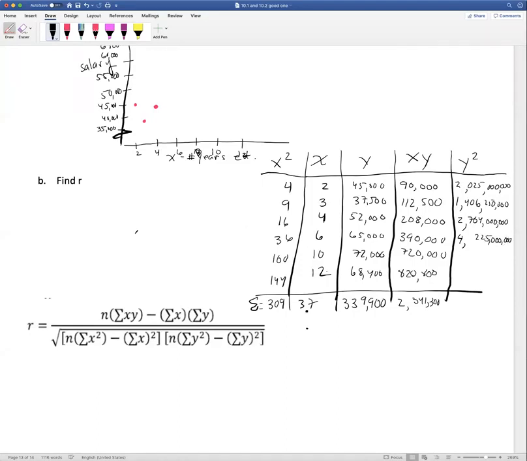Sorry. 72,000 squared: 5,184,000,000. And last one, 68,400 squared: 4,678,560,000. All right, now I'm just going to sum these numbers up.